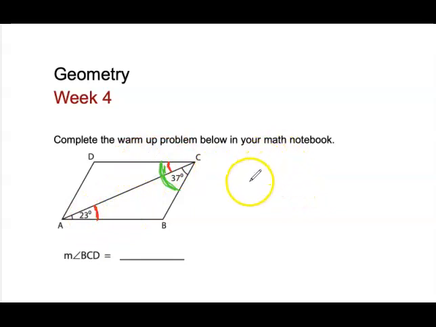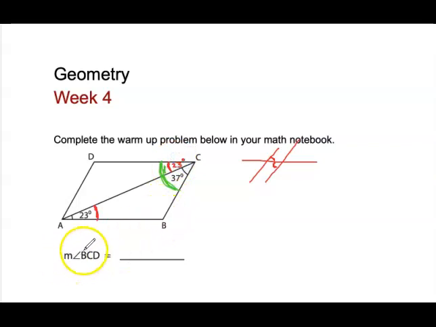Remember when we had two parallel lines intersected by a transversal? And we learned that alternate interior angles, such as this angle here and this angle here, are congruent. Well, these are a set of alternate interior angles. So that means this angle up here is also 23 degrees.